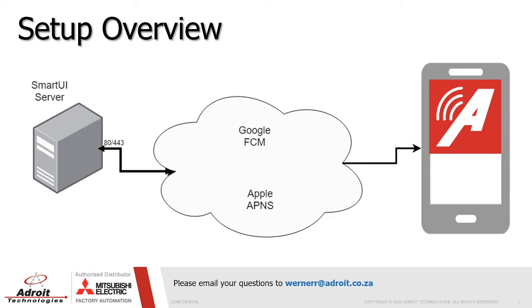So we're not listening on an open port. We are sending out messages and receiving responses to those messages. Once the message is on the cloud, Google will deliver it directly to Android phones and via the Apple APNs network to the iOS phones when we get there.